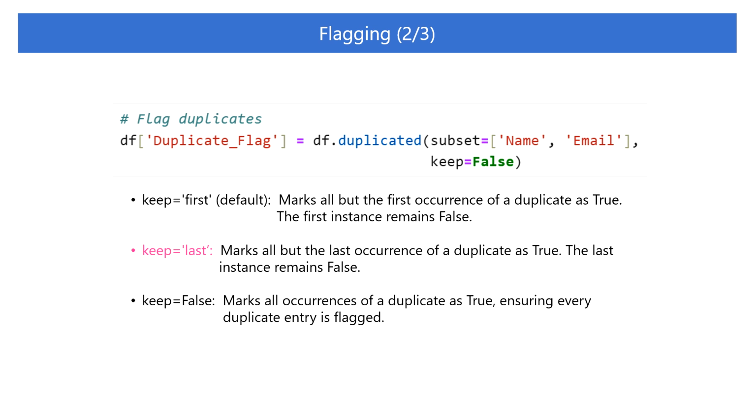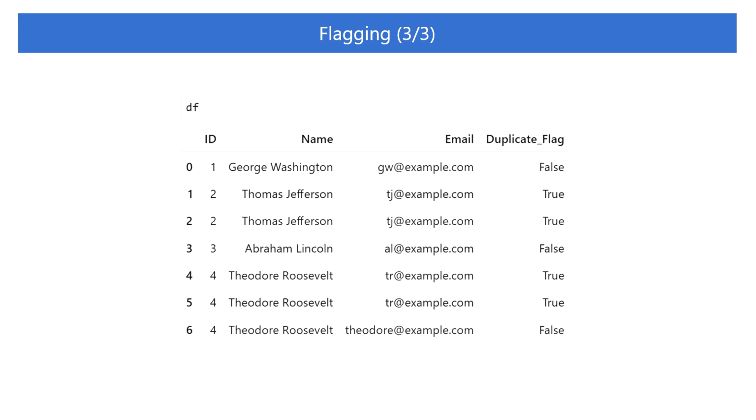When we set keep equals last, it marks all but the last occurrence of a duplicate as true, and the last instance remains false. When we set keep equals false, like in this case, it marks all occurrences of duplicates as true, ensuring every duplicate entry is flagged. This is the flagged dataset.